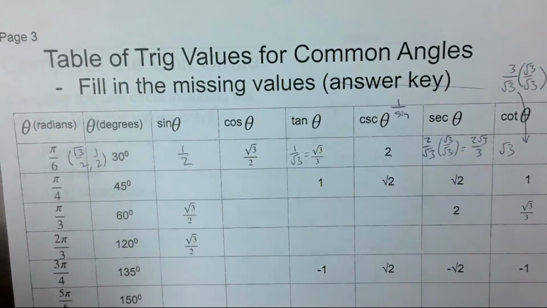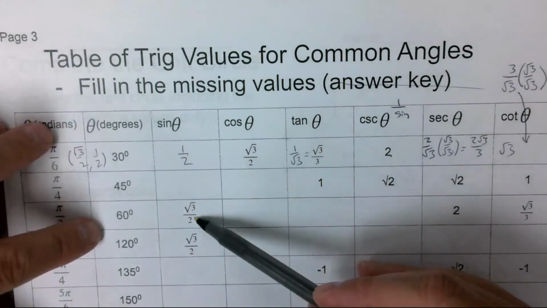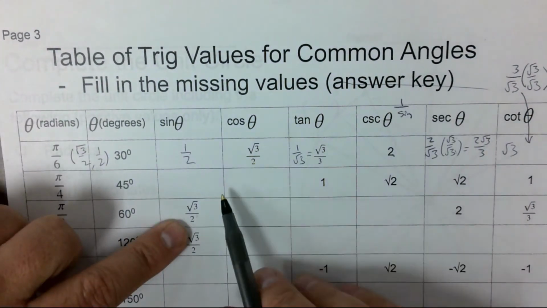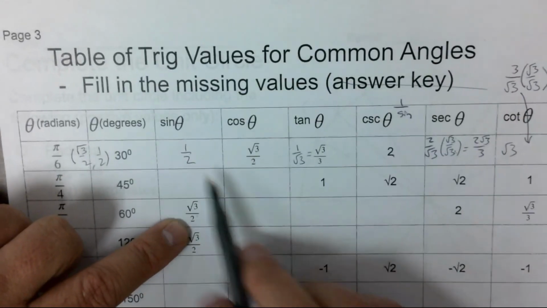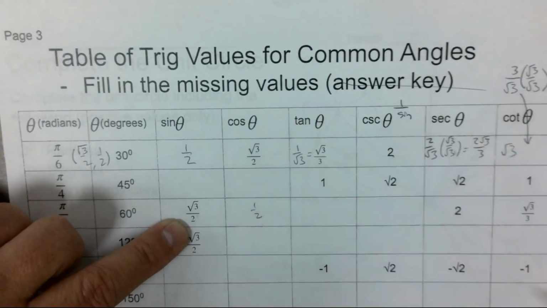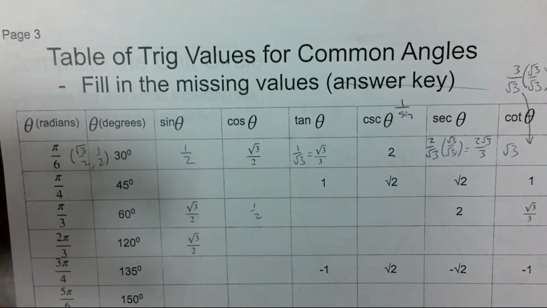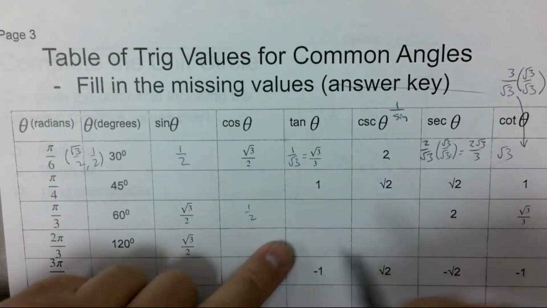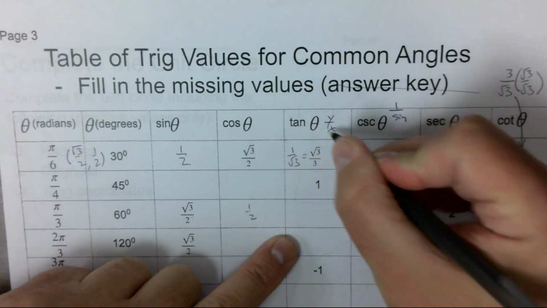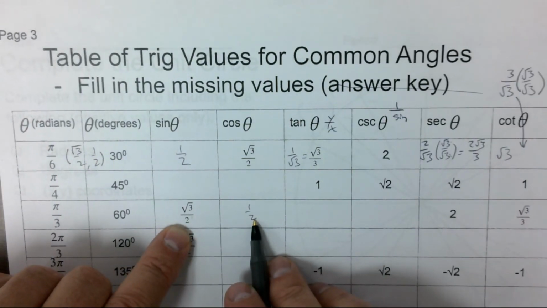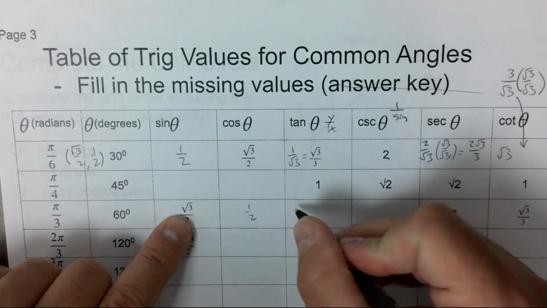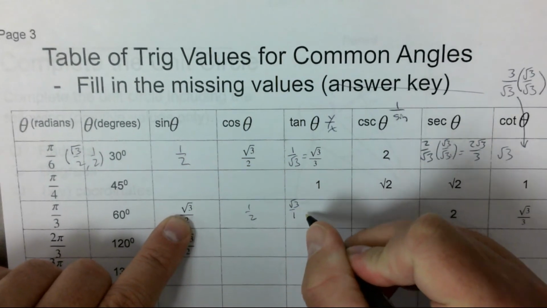Now the 30s and 60s are just going to be reversed. So where this was square root of 3 over 2, this one is. Where this is 1/2, this is. Now for tangent, that's the y over x. And so your 2's actually cancel, and so it's square root of 3 over 1, which is just square root of 3.